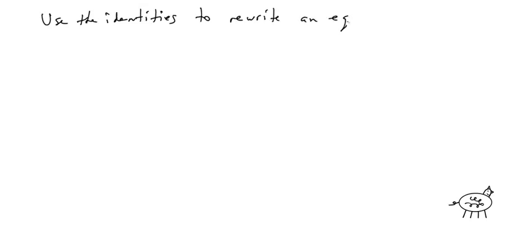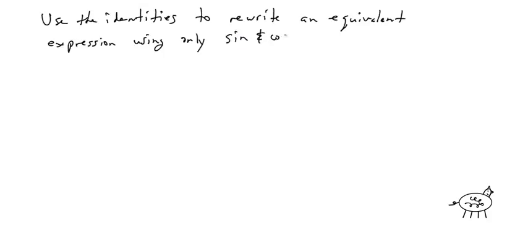So now what we're going to do is use the identities to rewrite an equivalent expression using only sine and cosine.